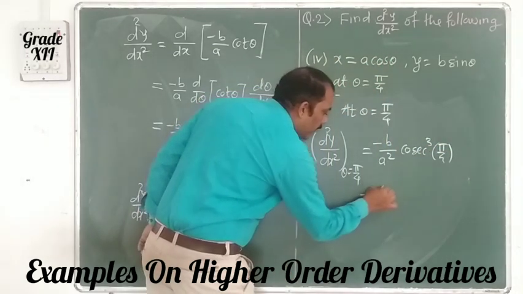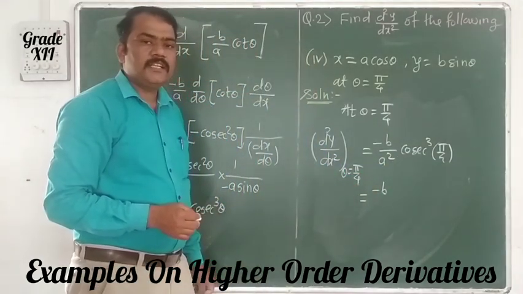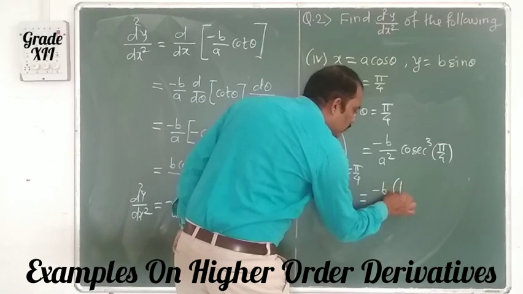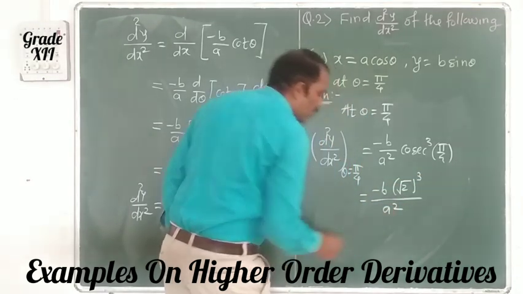It is nothing but minus b into cosec pi by 4, which is root 2, so root 2 bracket cube divided by a square.